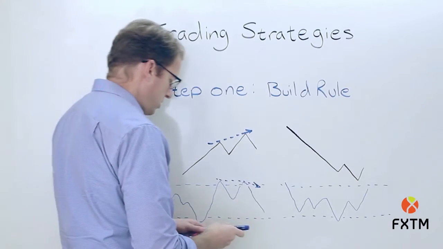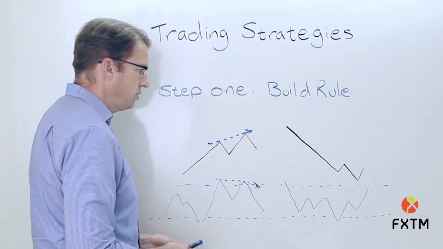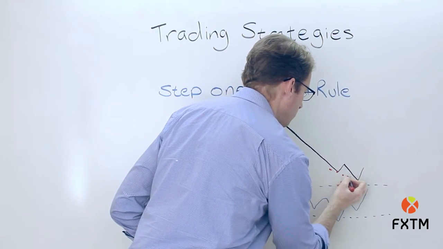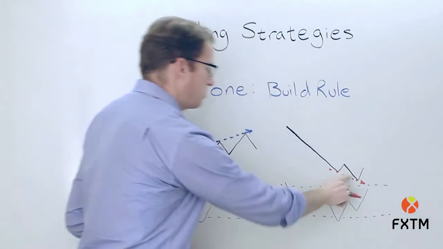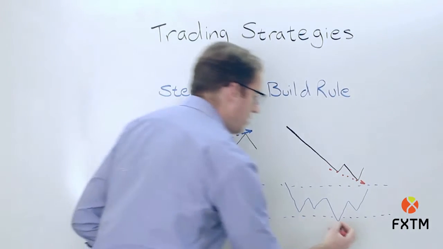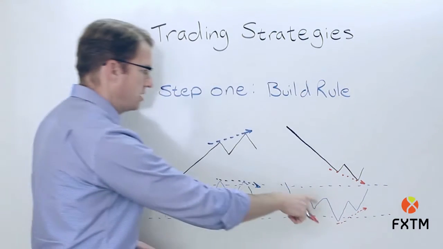Now, a long entry would be similar, except in reverse. Imagine that we have a price that has been declining in value, the exchange rate, forming lower lows, while at the same time we have higher lows on the oscillator, in this case the stochastics.